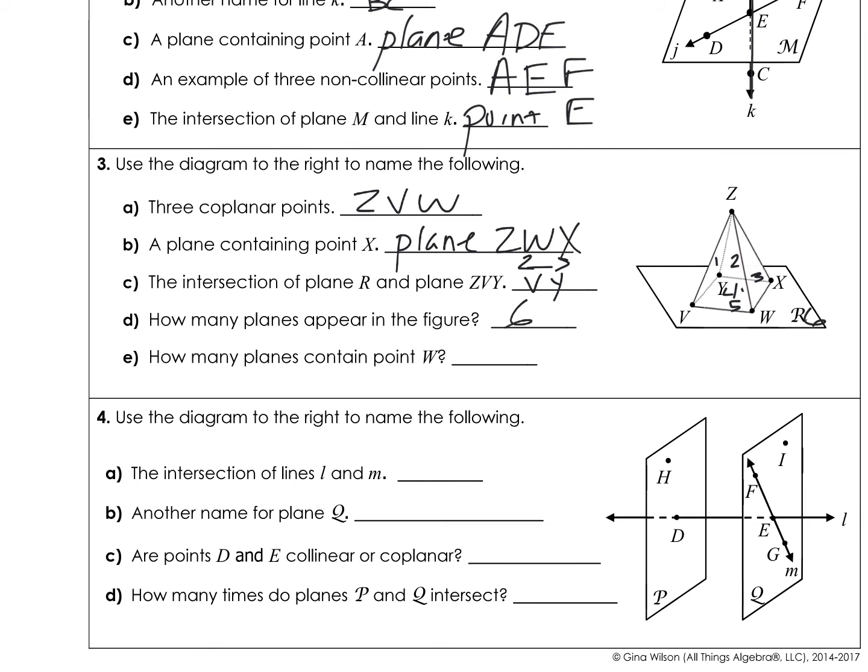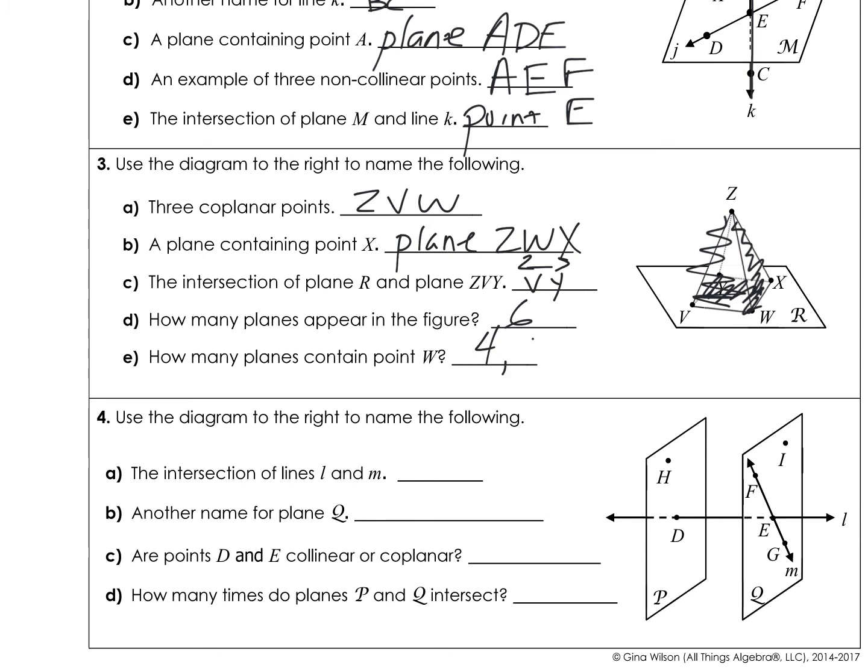How many planes contain point W? Well, let's see. Erase some of my marks here. Here's point W. So that's part of the bottom. That's part of the front. And that's part of the right side. And technically, we could use point W to name plane R. So I would say 1, 2, 3, 4 planes.